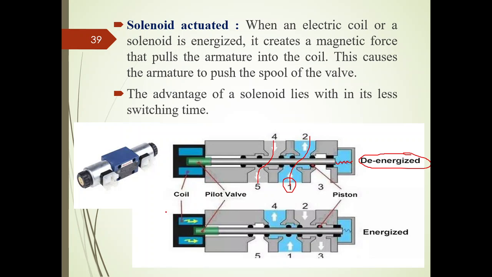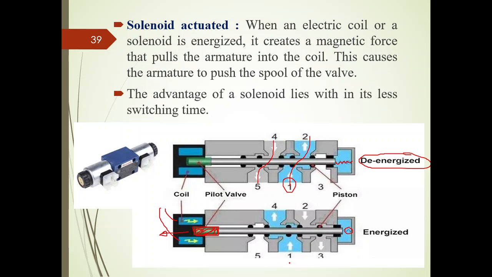But when you supply the electric voltage here, the coil will generate the electromagnetic force, because of which the coil is going to attract the conducting material connected to this spool, so that I will get the left side movement of this spool against the spring force.